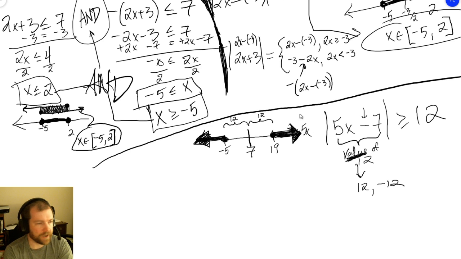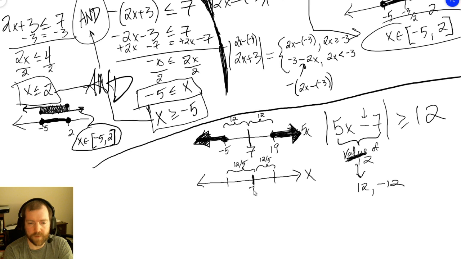And this is 5x. So if we want to simplify this and just make it x, then all of our terms in the entire diagram get divided by 5. So a distance of 12/5 from 7/5 is going to get us an upper bound of 19/5 and a lower bound of -5/5 or -1.